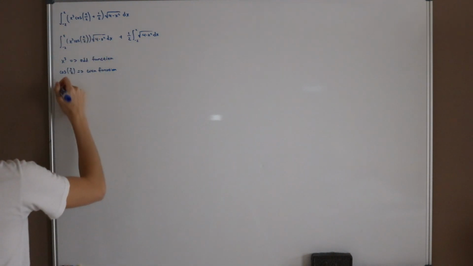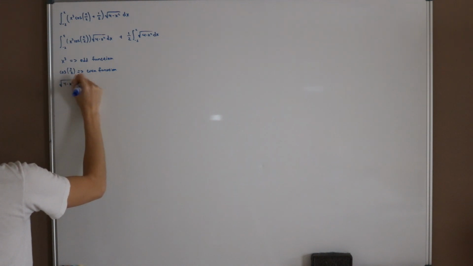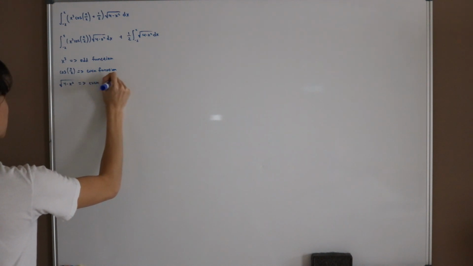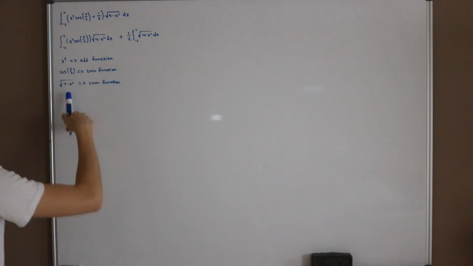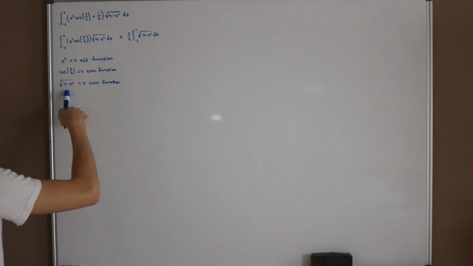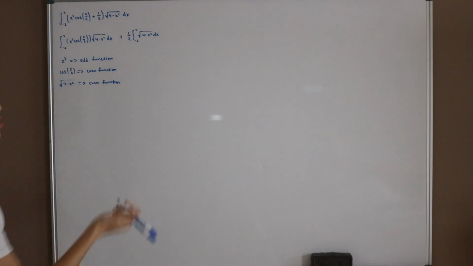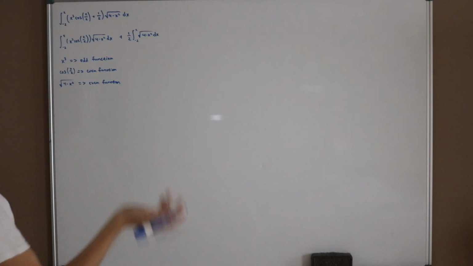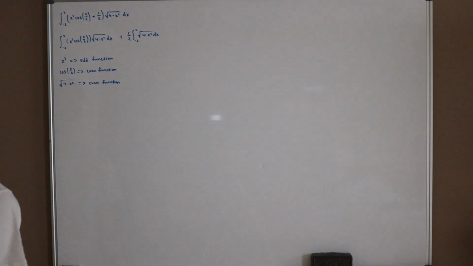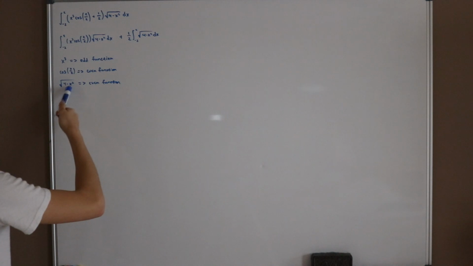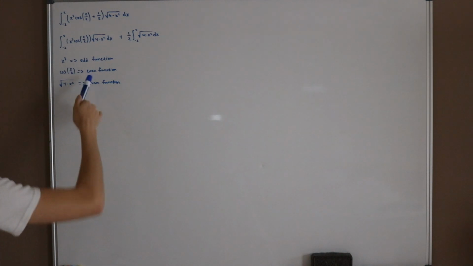And then the square root of 4 minus x squared is also an even function itself, because we have an x squared, so it's an even degree, and even degrees will always yield an even function. So by using these properties, we can do some multiplication here. Cosine of x over 2 and the square root of 4 minus x squared are both even functions.